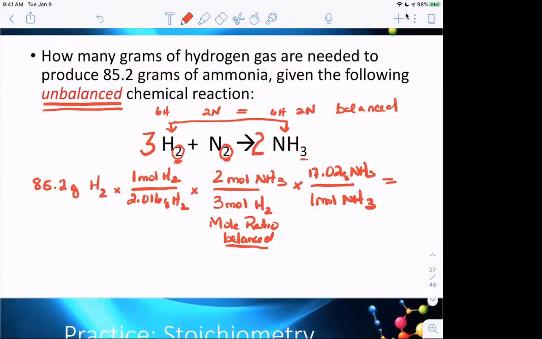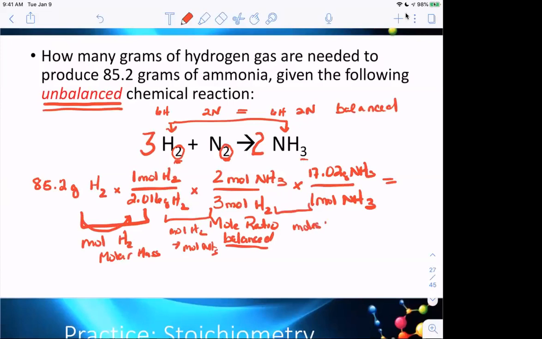When I do this, remember, this converts grams of H2 to moles of H2 using the molar mass. This is going to go from moles of H2 to moles of NH3, and this is going to go from moles of NH3 to grams of NH3, also using the molar mass.